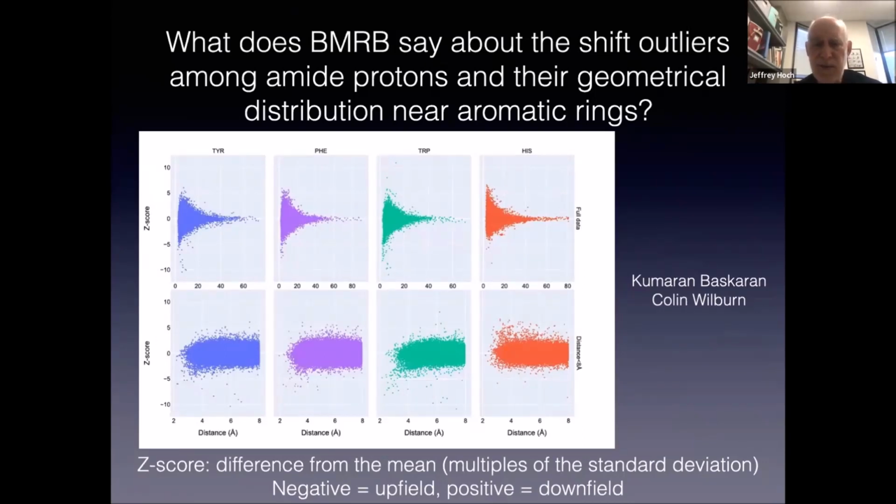And you'll notice that there are some subtle differences there in terms of the outliers. In particular, histidine tends to have more downfield outliers, and the other three aromatic rings tend to give rise to more upfield outliers.